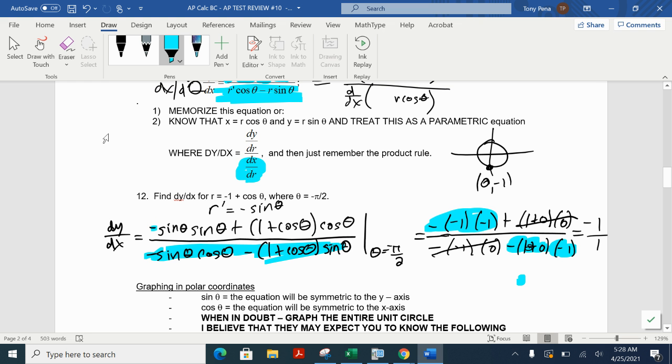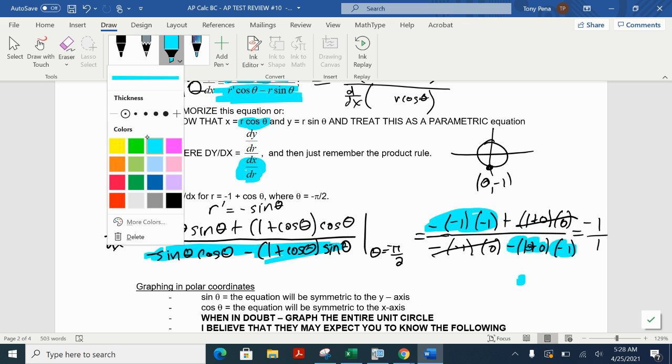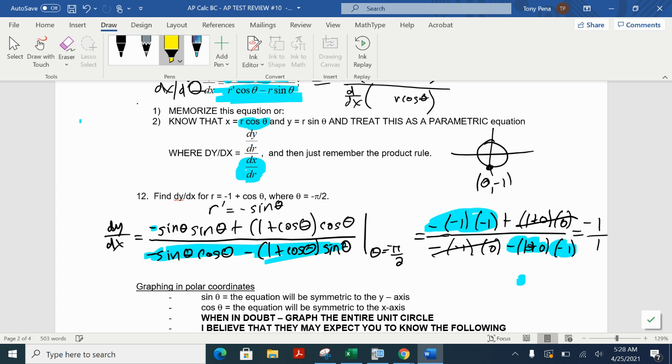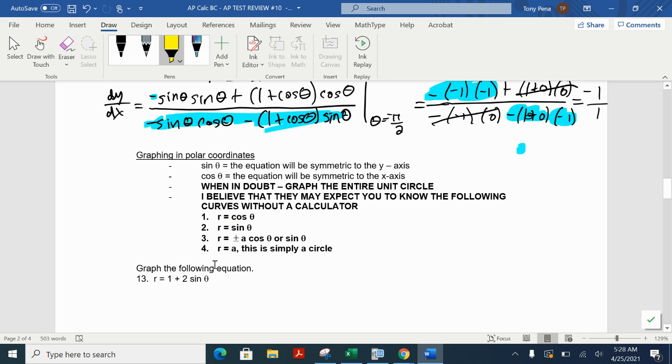If it asks for a horizontal tangent line, that means your slope is 0, so now that would mean our numerator is going to be equal to 0. Then what we end up is a little trig equation. So we did a few of those. It's on your test. Those are things that you want to make sure that we're aware of as well.